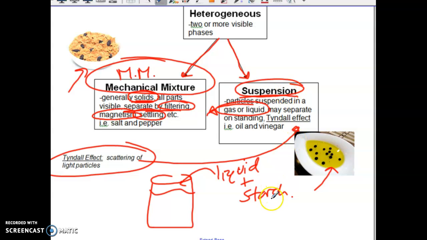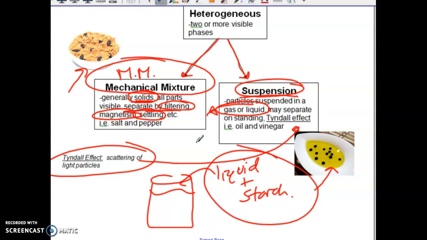Suspensions that involve solids are very rare. So we use this as an example just to show you what a suspension is, but it is not common, okay? So I don't want you assuming that if I tell you I have sugar particles in something, or that's a bad example because they dissolve, but let's say I put sand in water, right?